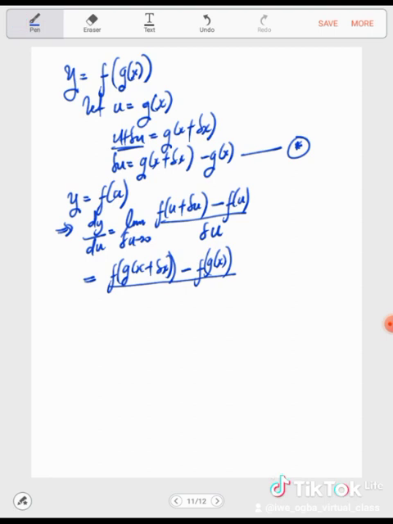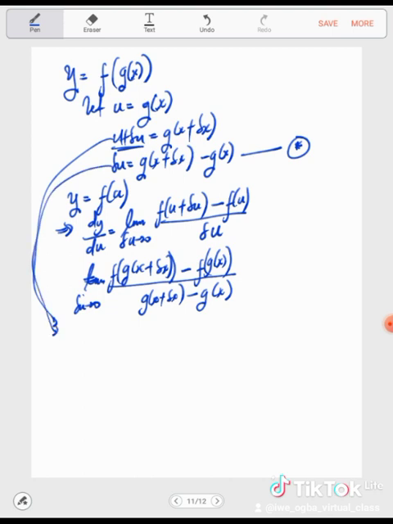Now change in u is g of x plus change in x minus g of x. So we have this limit as change in u approaches 0. Now, if change in u approaches 0, this implies that g of x plus change in x is approaching g of x, and that will only happen if change in x is approaching 0.